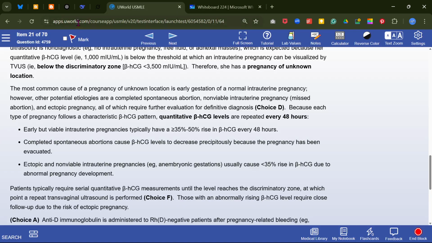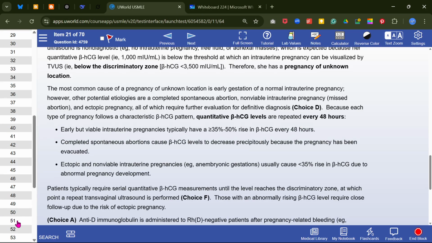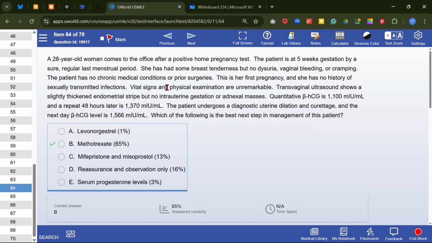Okay, now the last two questions. Positive pregnancy test at 5 weeks of gestation, so amenorrhea, breast tenderness, no dysuria, vaginal bleeding and cramping present. Beta-hCG is 1100. Repeat beta-hCG is 1370.